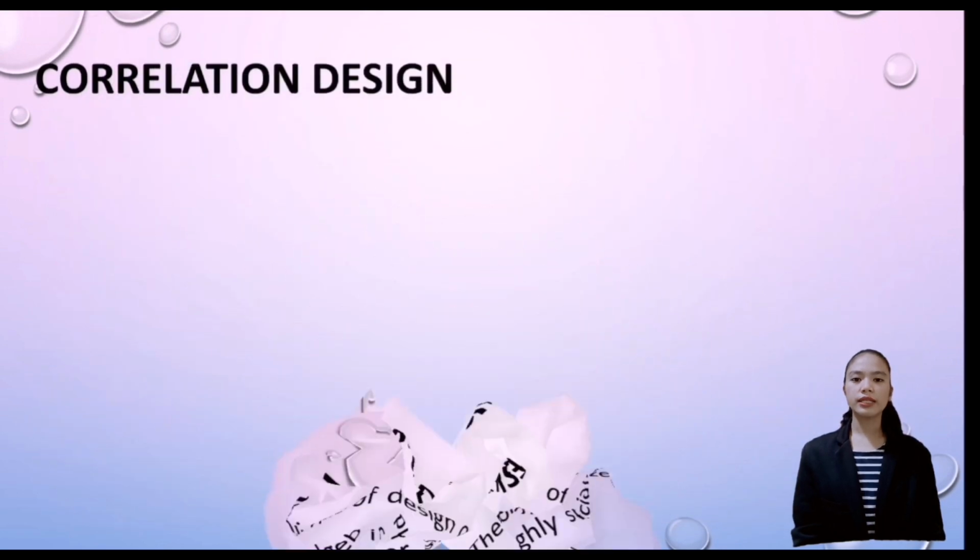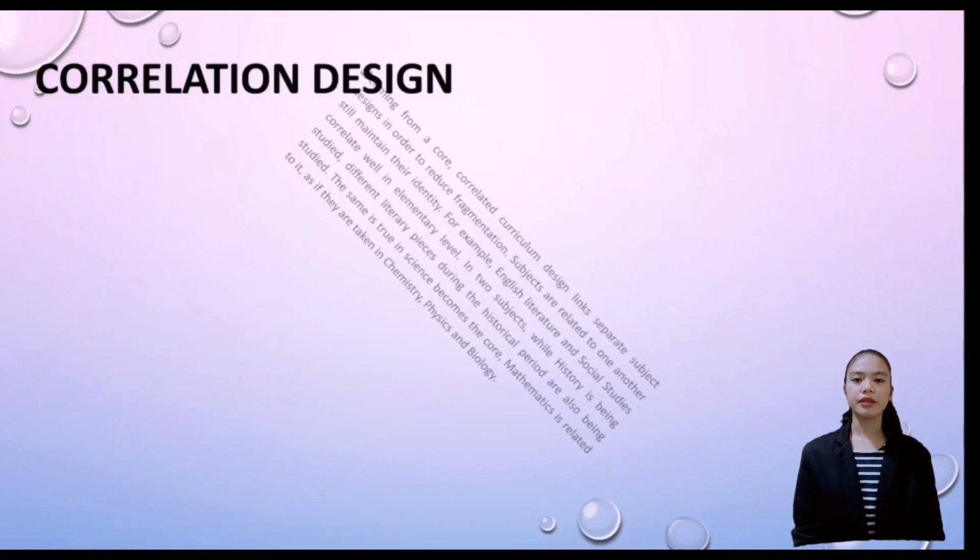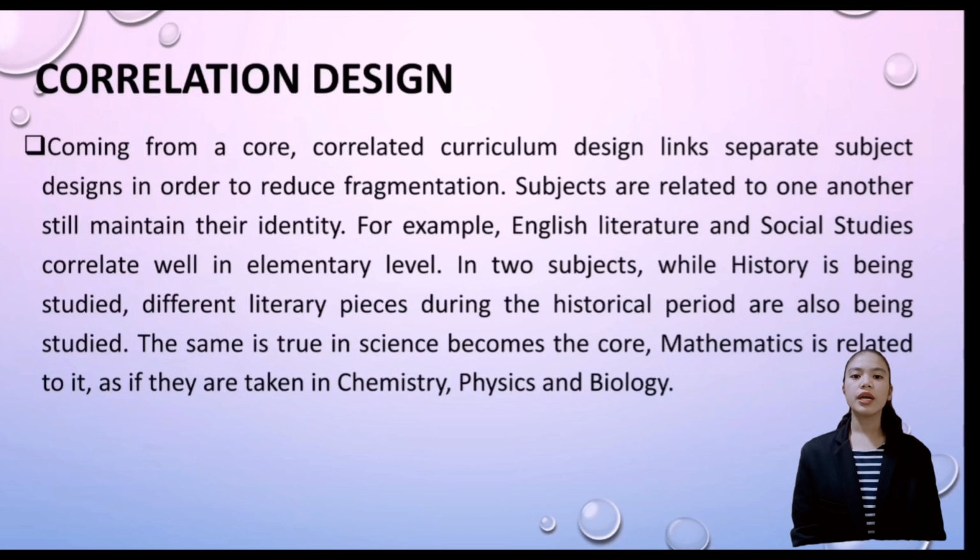The third one is correlation design. Coming from a core, correlated curriculum design links separate subject designs in order to reduce fragmentation. Subjects are related to one another, yet still maintain their identity. For example, English literature and social studies correlate well at the elementary level.